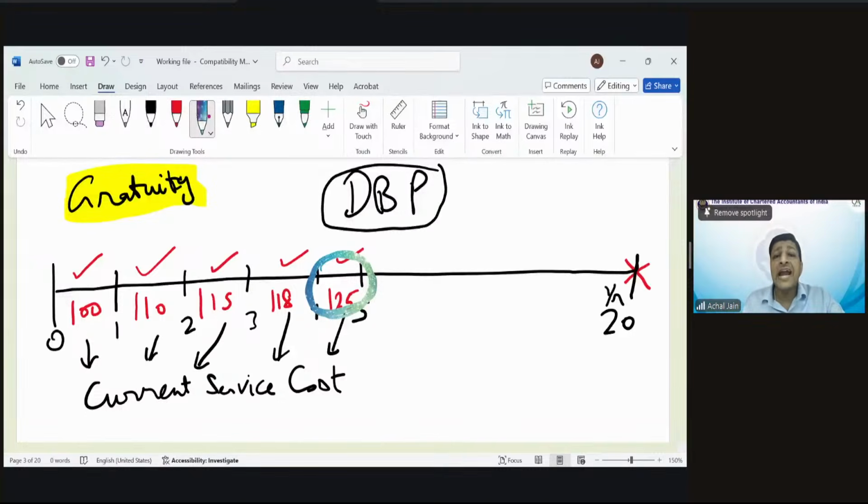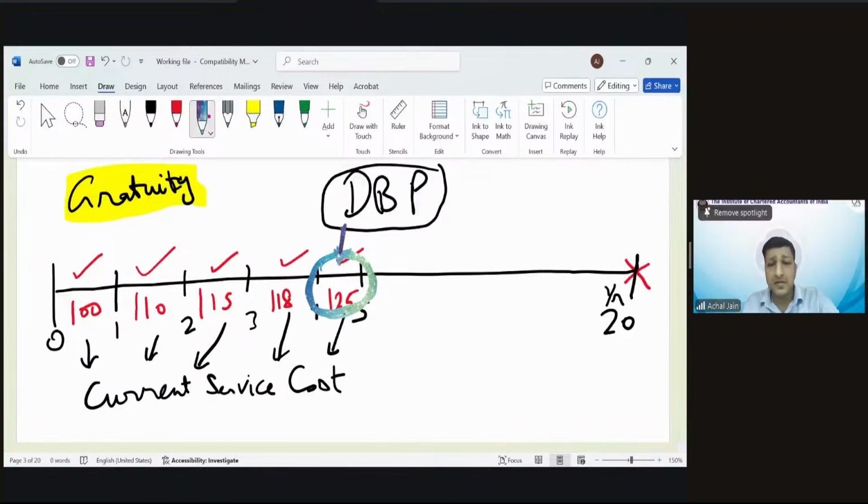And the employer is saying, I'll make it effective from the first year itself. In the 5th year, the employer has taken a decision. He's saying, I want to keep the amount of gratuity at 125 each year, which is fair enough. So if that is 125, each year you will record 125.